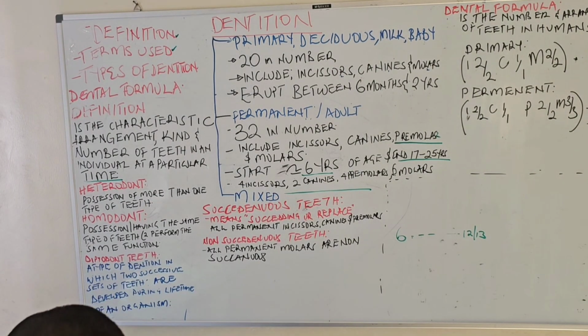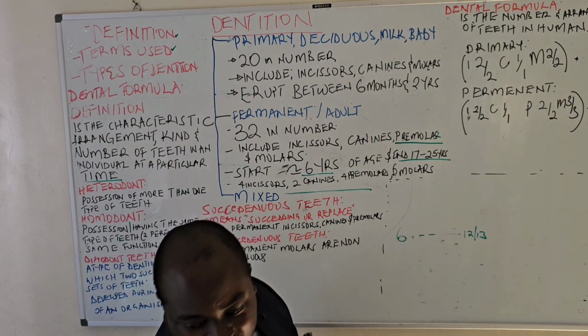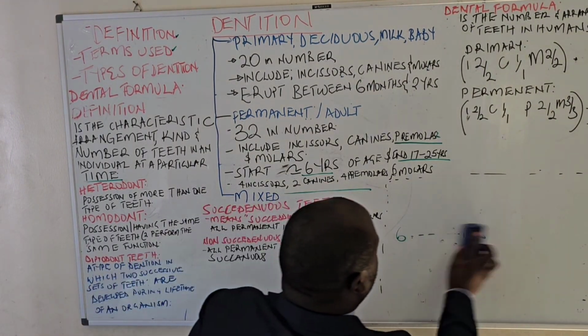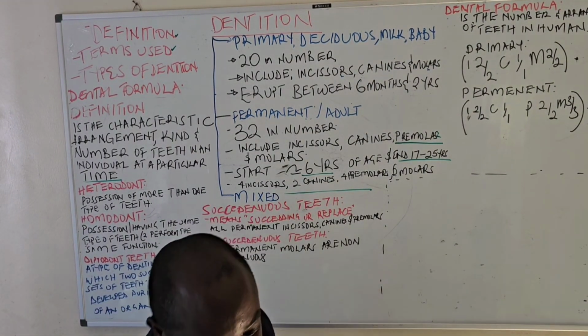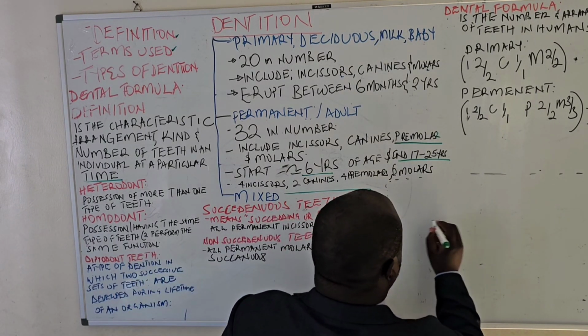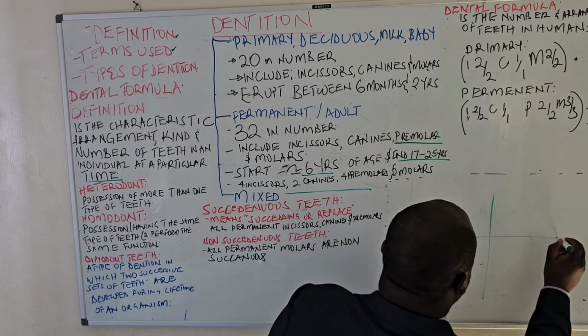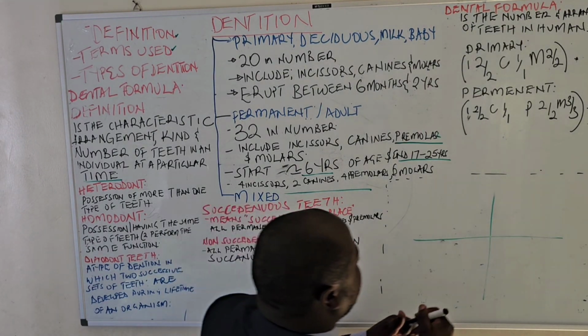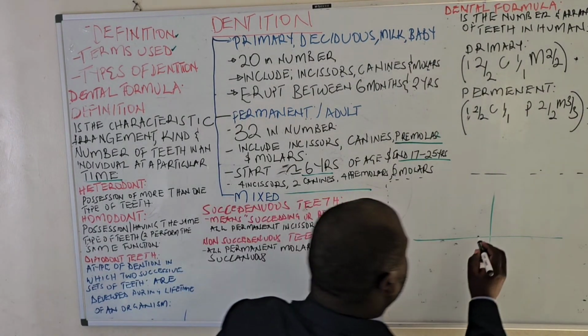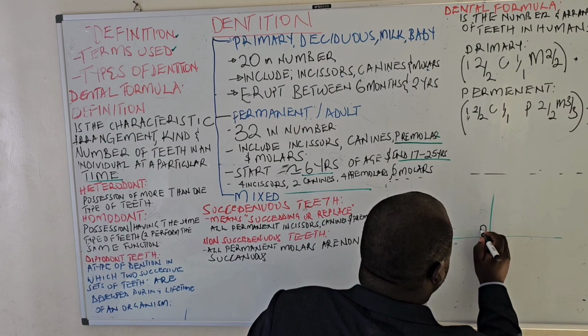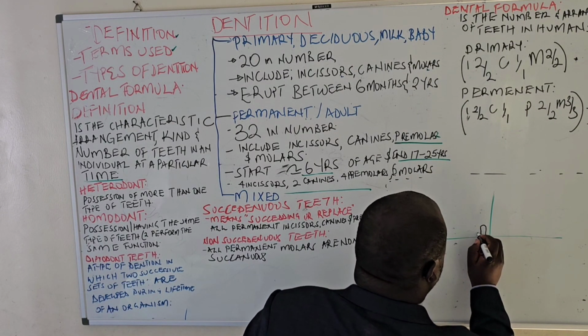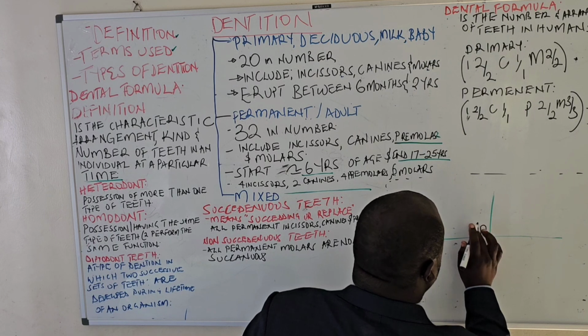Take an example. If we have primary teeth, we shall have in maybe a half, 2 incisors.